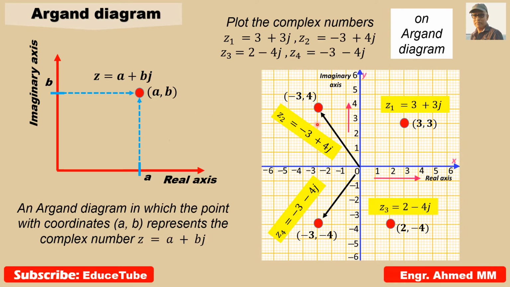Now here is one interesting thing. For these 2 arrows I drew, the reason is to show that this complex number and this complex number, we can call this pair a complex conjugate, because these two lie symmetrically on opposite sides of this real axis.